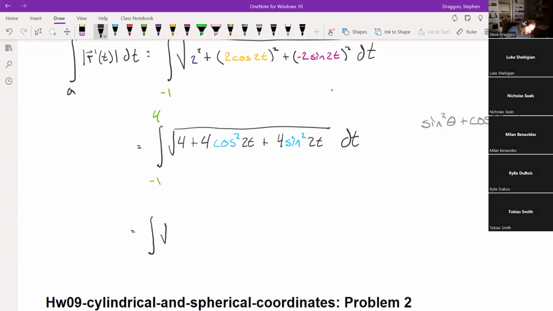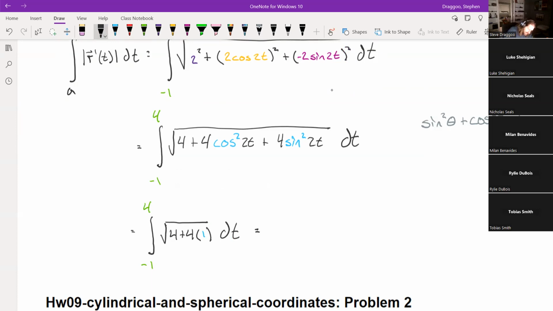So this is the square root of 4 plus 4 times 1 dt. And we're integrating from -1 to 4. And now that square root is just a number, which means we're really only integrating dt.